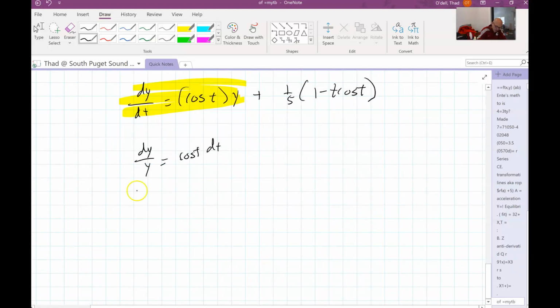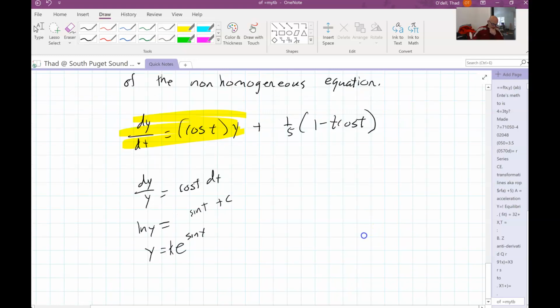Integrate both sides and we get natural log of y equal to the integral of cosine, which would be sine t plus c, which means y is equal to k times e to the sine t.